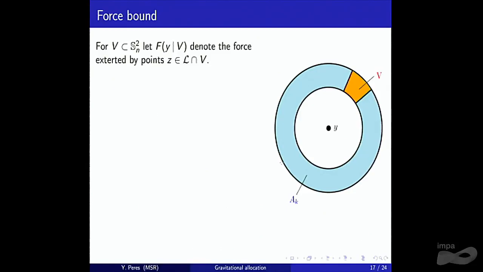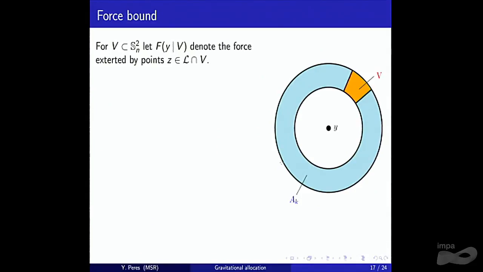So I take this ring and divide it into small regions of area 1 each. In each of these regions, the number of points that fall, since I'm throwing n points in area n, is binomial n, 1 over n. It's approximately Poisson 1. And so we have a Poisson 1 of points falling in here, and they're applying a force on y. And remember, this is two-dimensional gravity, so the force is 1 over distance.